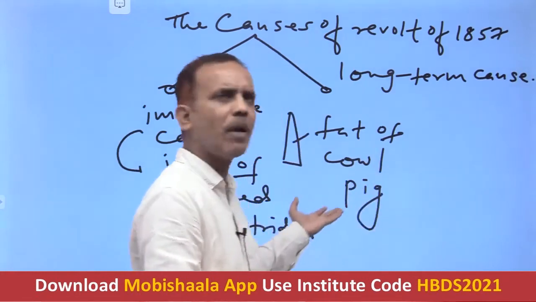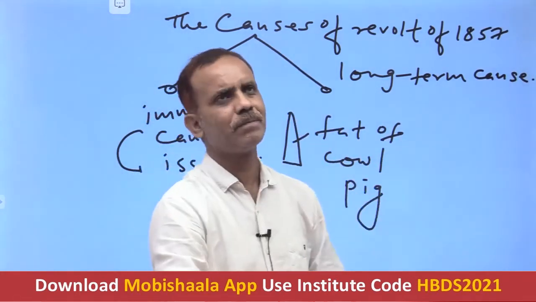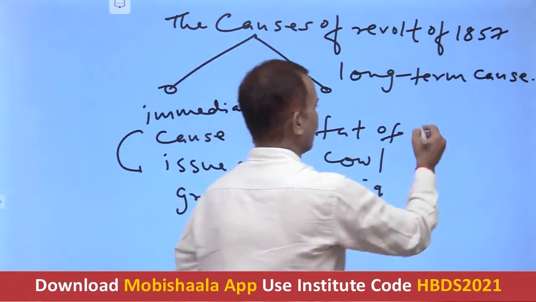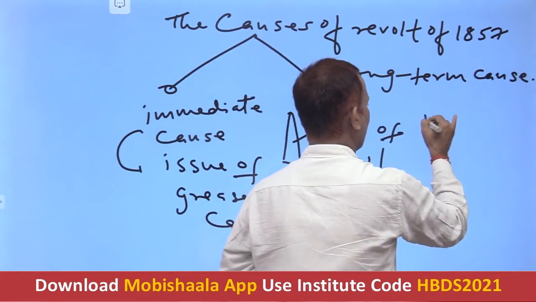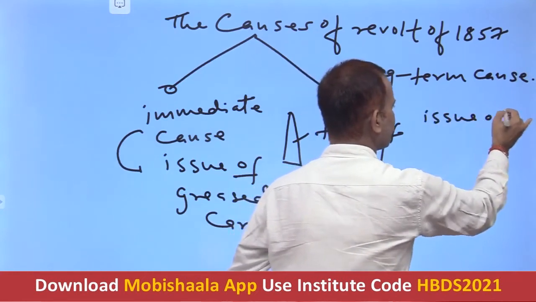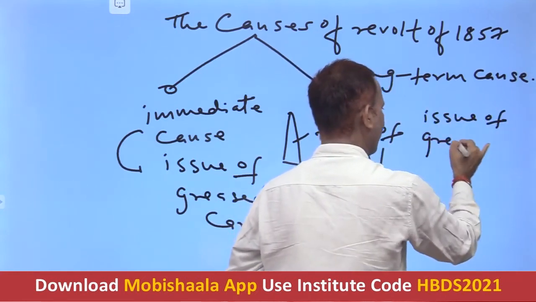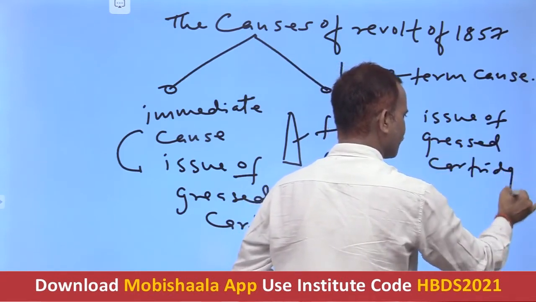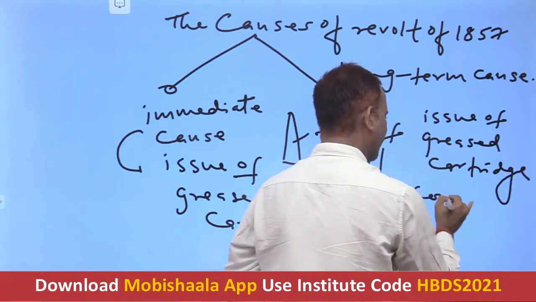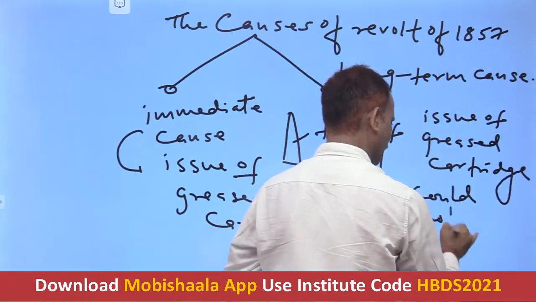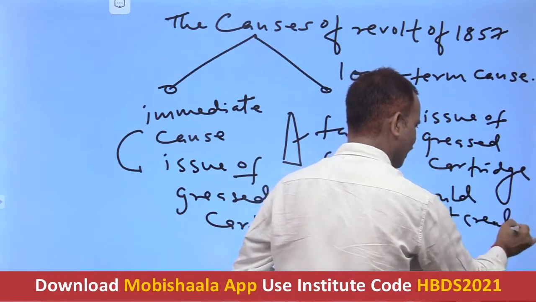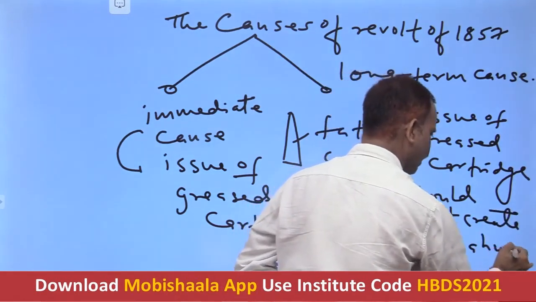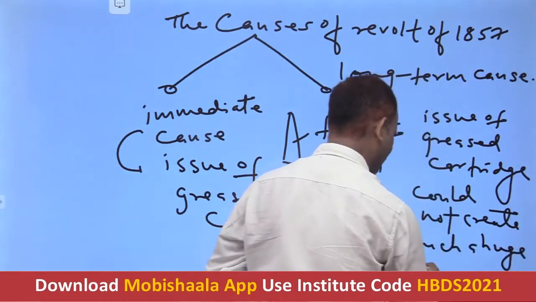A question is, the issue of greased cartridge could not create such a huge revolt against British government.